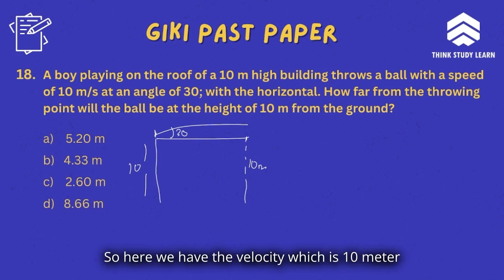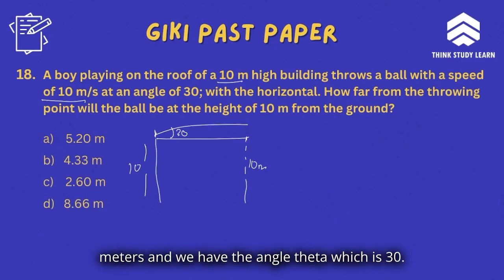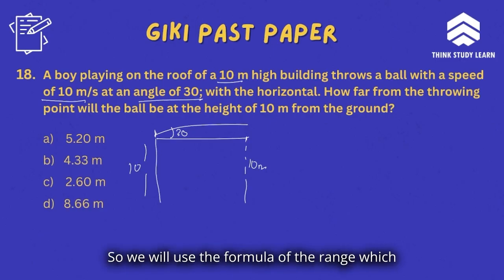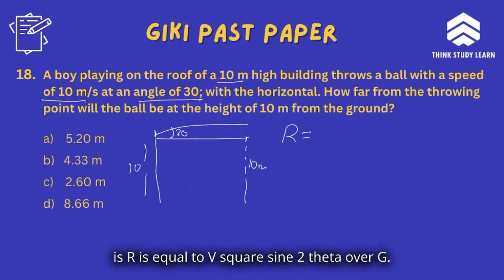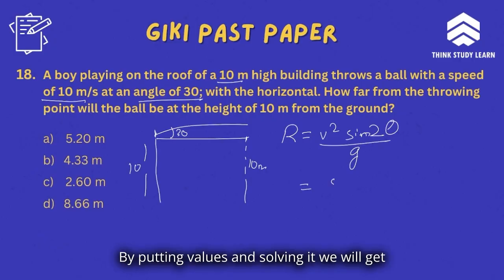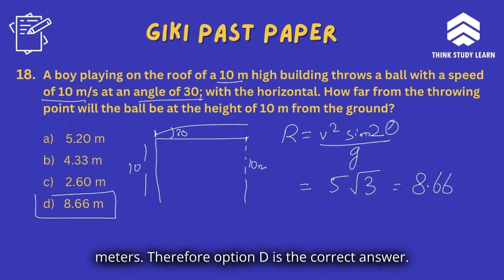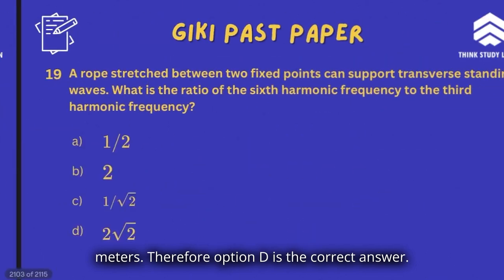So here we have the velocity, which is 10 meters per second. We have the height, which is 10 meters, and we have the angle theta, which is 30. So we will use the formula of the range, which is R is equal to v square sine 2 theta over g. By putting values and solving it, we will get 5 under root 3, which is equal to 8.66 meters. Therefore, option D is the correct answer.